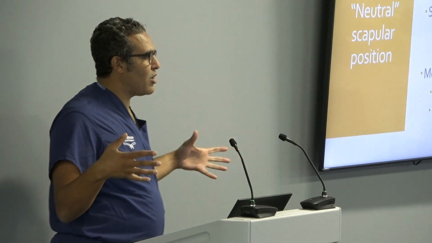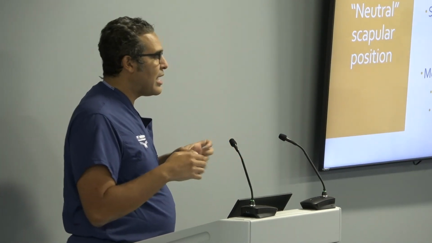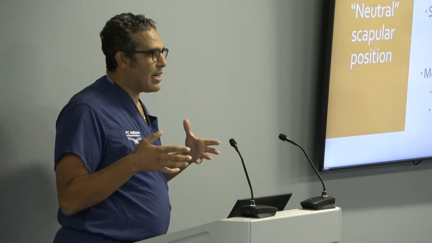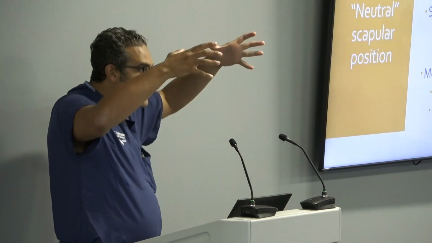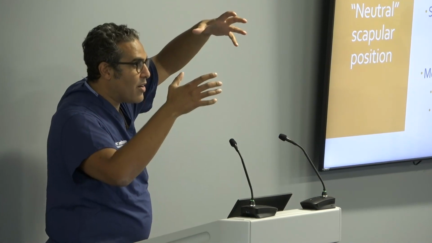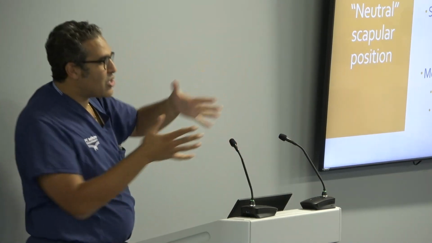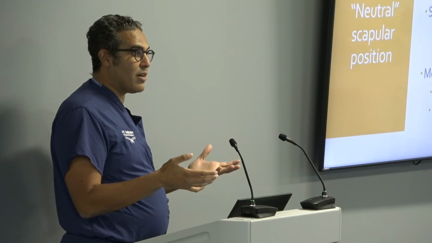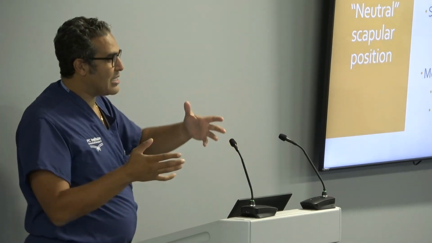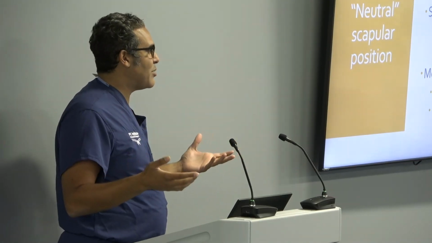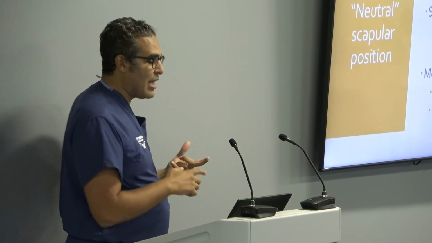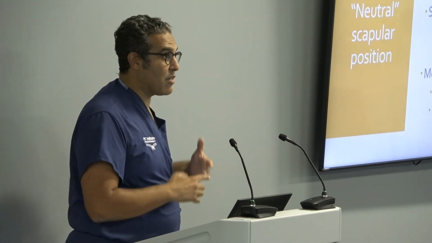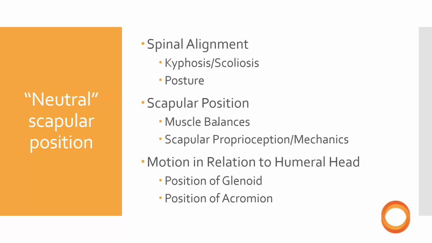So we're going to look at the more micro level, and it's important to recognize that if the house is tilted, everything in the house is going to shift, right? Like this nice couch, it's going to be rolling against the wall if the house is on an unstable foundation. So the spinal alignment, if the patient has kyphosis, scoliosis, or if they just have a normal spine but poor posture, all of that is going to affect their rotator cuff when they're using their arm.